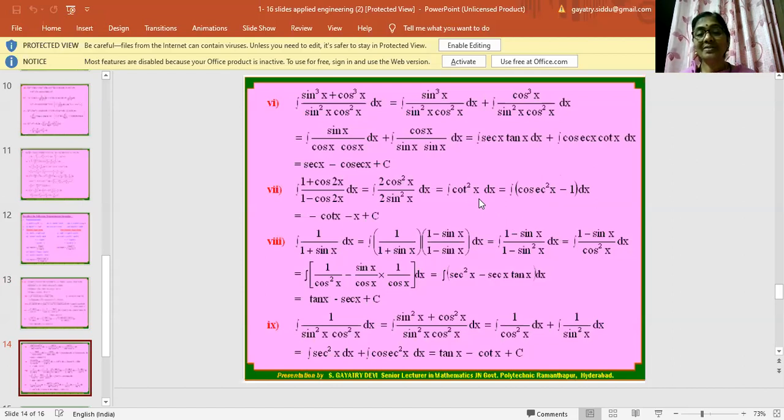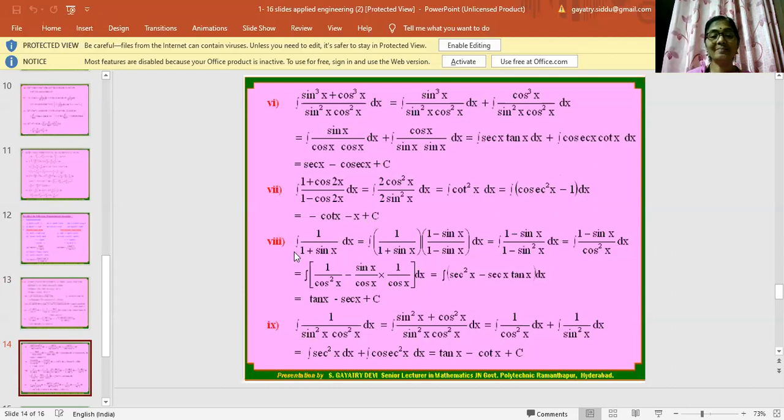You have to change it into cosecant square, which has a formula. So using the fundamental rule, cot square can be written as cosecant square x minus 1. Now the integration of cosecant square x is minus cot x, the integral of a constant is x, plus integration constant c. So you are getting c minus x minus cot x.